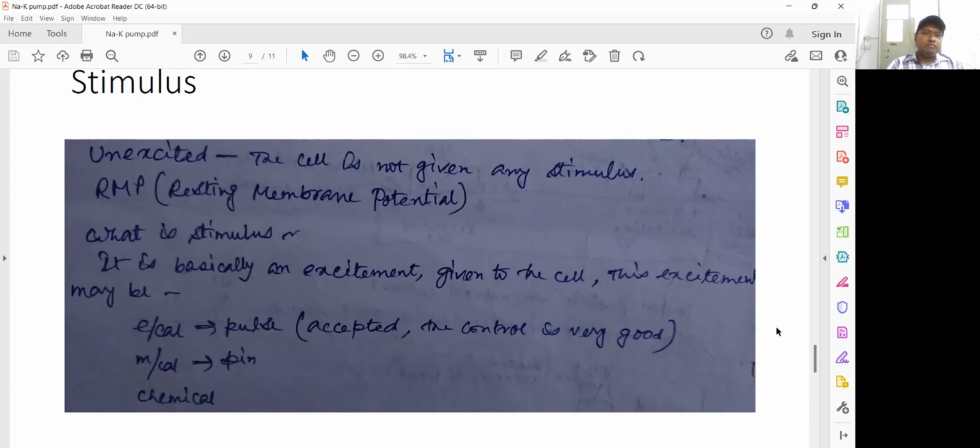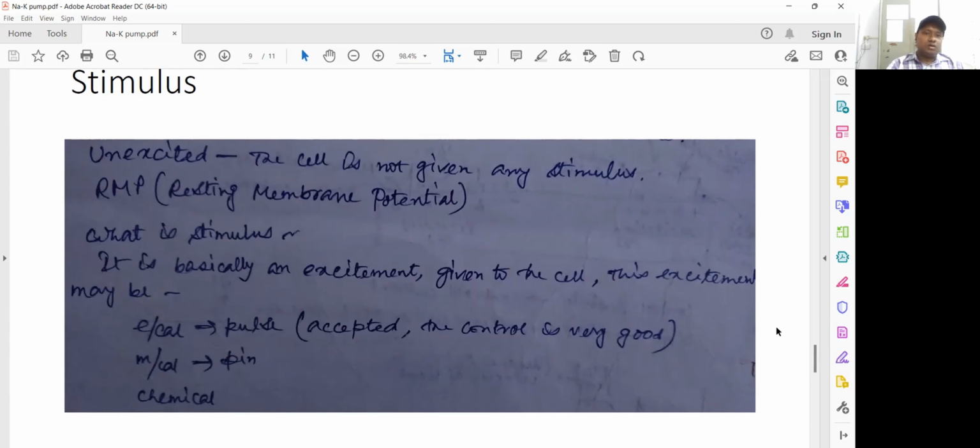A stimulus is some excitement given to the cell: we may apply electrical pulses, some mechanical pulses such as a pin, or a chemical stimulus, which we can provide in the form of an injection, such that the natural 90 millivolt and the natural sodium potassium pump will not be maintained.